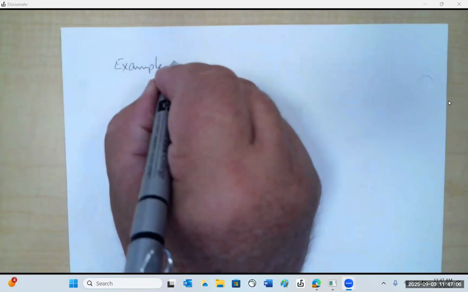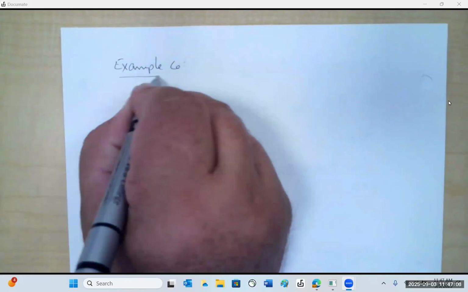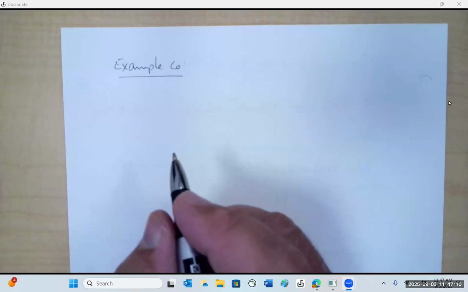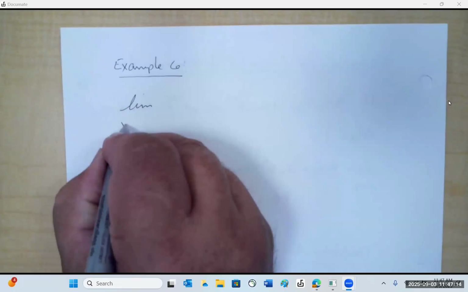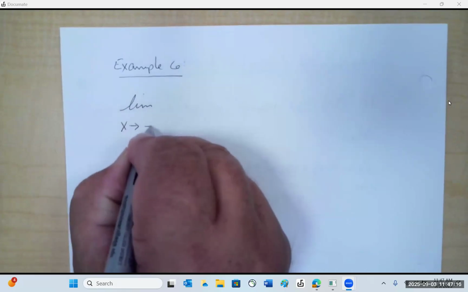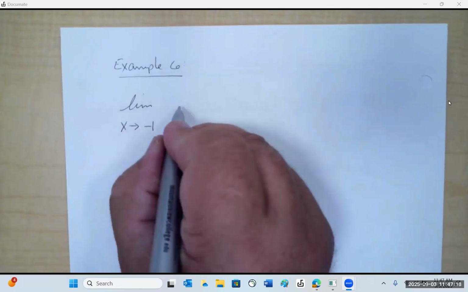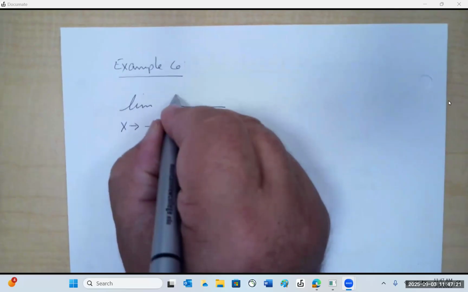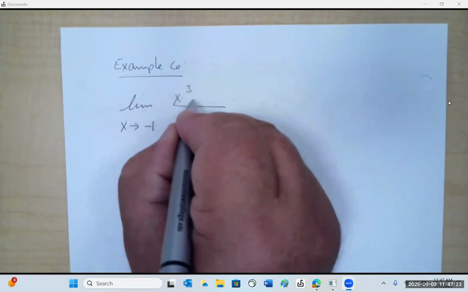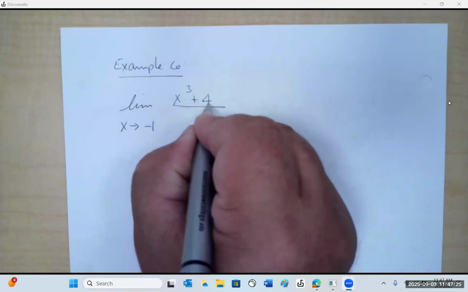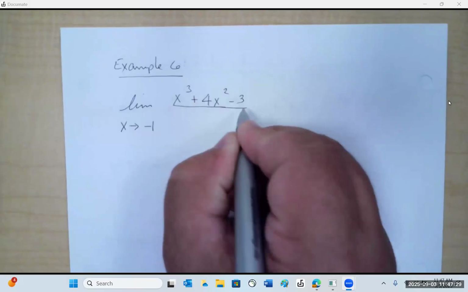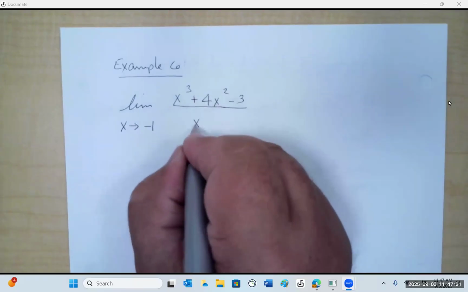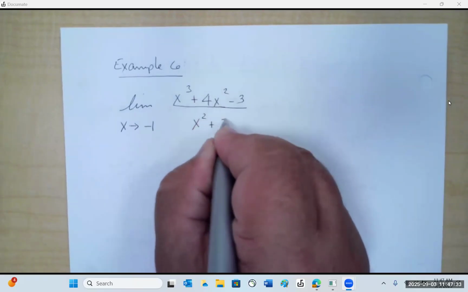Example 6. The limit as X approaches negative 1 of X to the third plus 4x squared minus 3 over x squared plus 5.